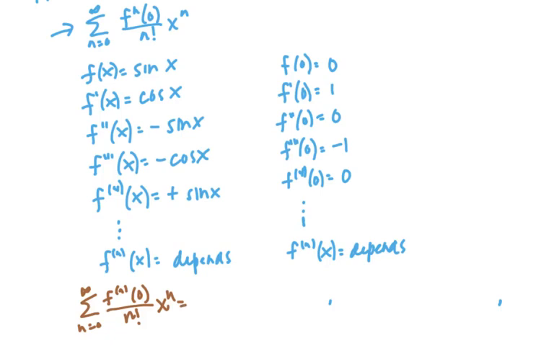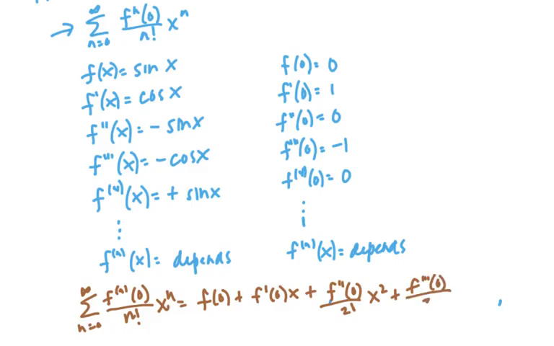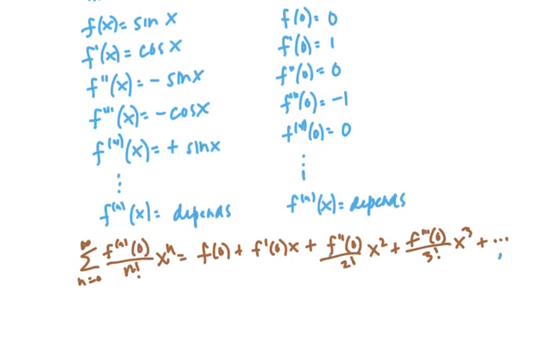So let's write out the terms. And this would be f of 0 plus f prime of 0 times x plus f double prime at 0 over 2 factorial times x squared plus the third derivative at 0 over 3 factorial times x to the third. We might as well do the fourth because we have that there.